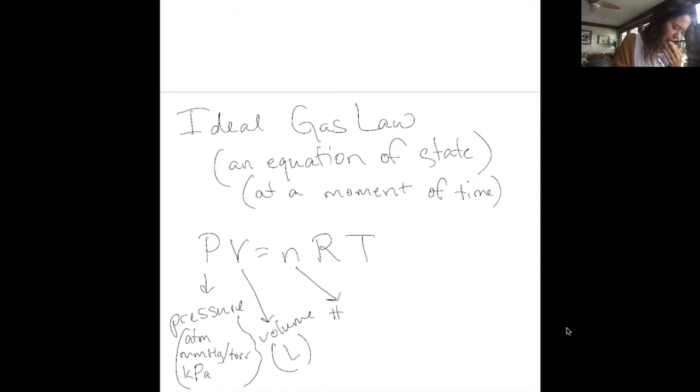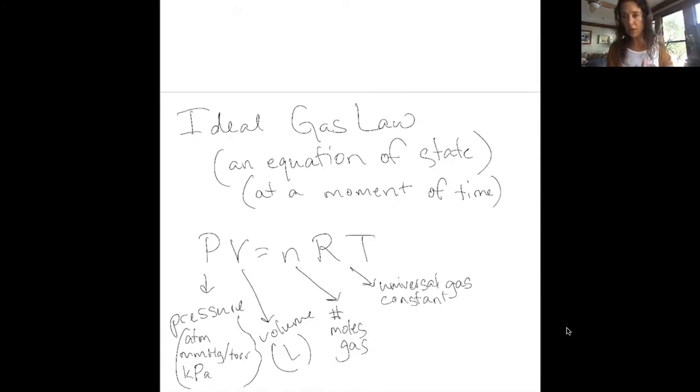N is number of moles of gas. All right. R is the universal gas constant. Now listen, guys, during the course of this class, we will see that there are a few different R values. We're going to look at about three right now.